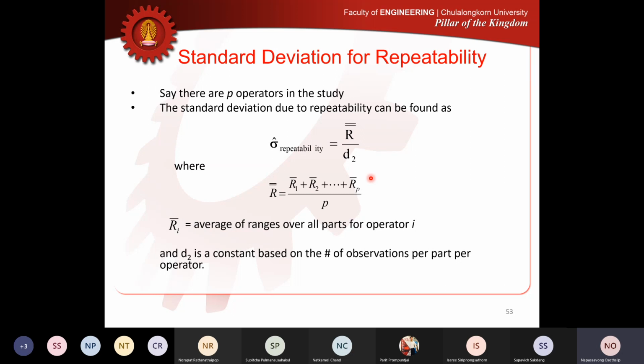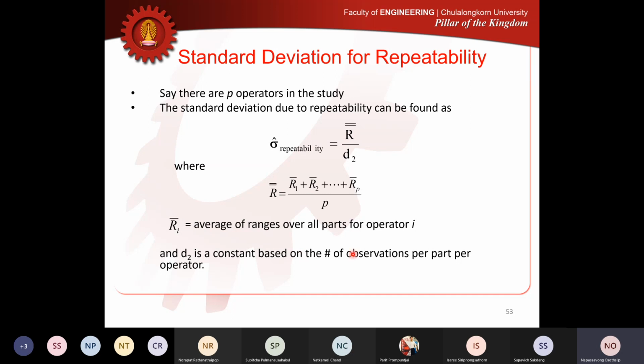Remember that when we do control charts, we open the table for constants A2, D4, D3. In that table, we have a constant called D2 also, and it depends on sample size n.